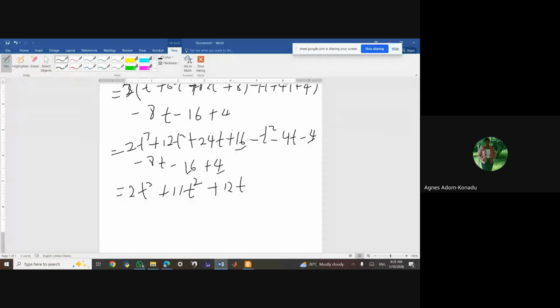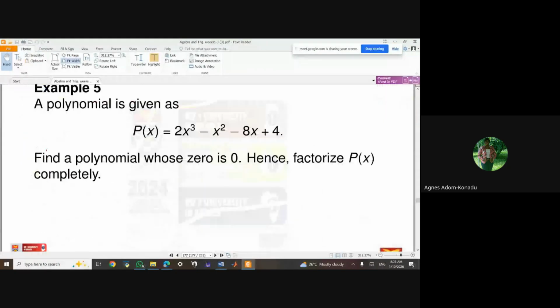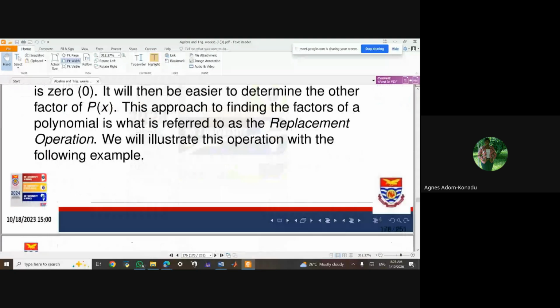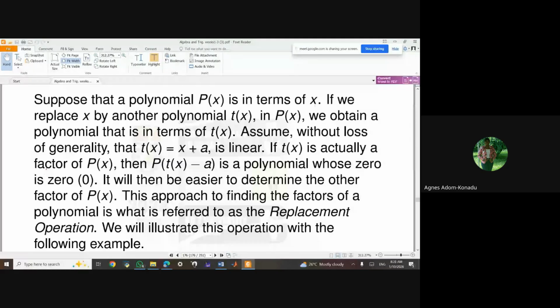That is 0. Okay, so the replacement operation says that when you substitute t equal to x minus a, or t equal to x plus a, which is p of t minus a, you are going to get a polynomial whose 0 is 0. So let's see.